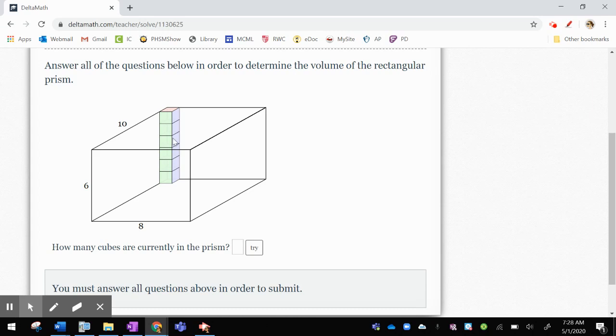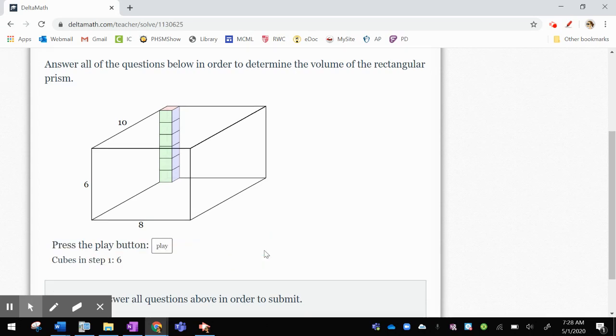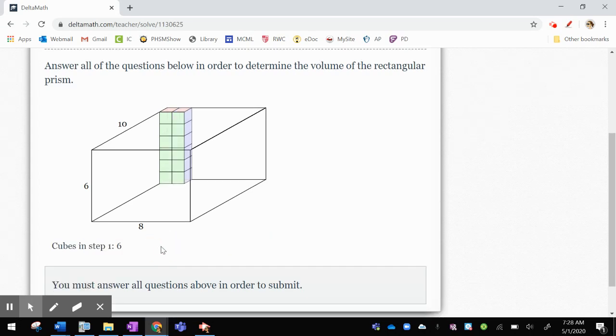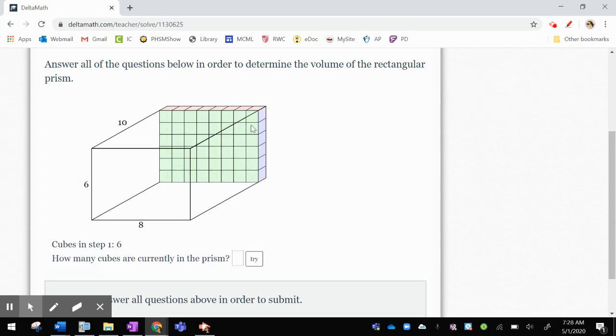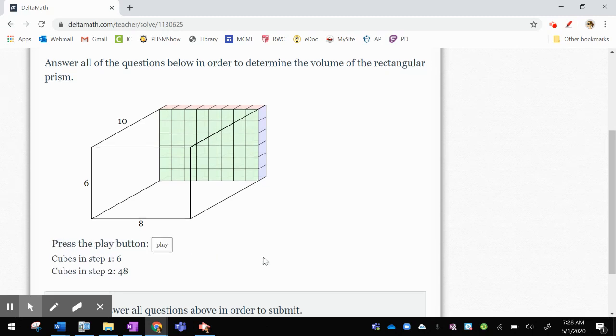Well, that corresponds with the height of 6, so there's 6 cubes. Then if I press play again, it's going to fill the back wall. So that back wall would be the same as this front wall. So it would have a number of cubes that's the same as the area of the front, which is 6 times 8, which is 48.